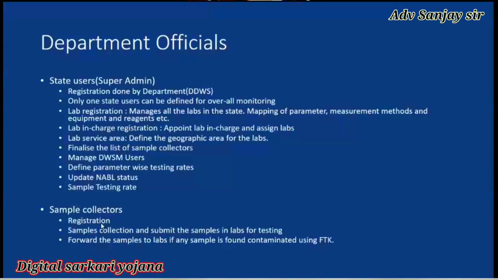One is they simply go, collect the sample and submit the sample for lab testing. But for FTK, if any sample is found contaminated using FTK, then these samples can also be sent to the lab for retesting. So these two responsibilities have been assigned to the sample collectors. So these two roles come under department officials.